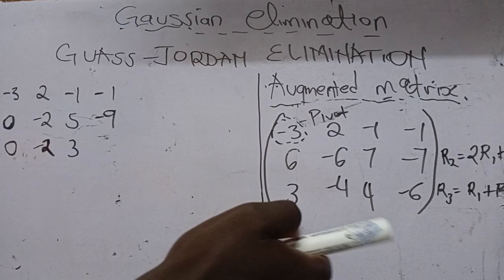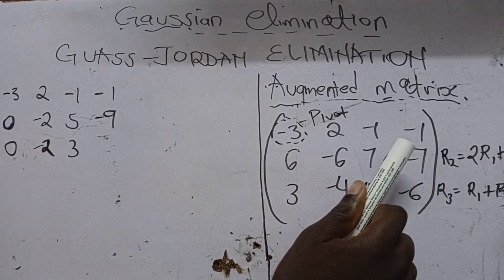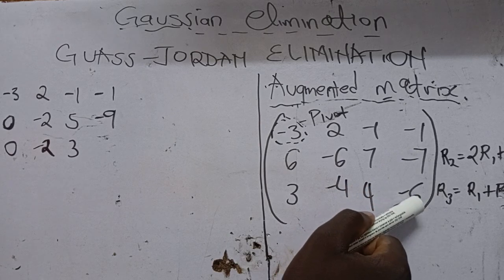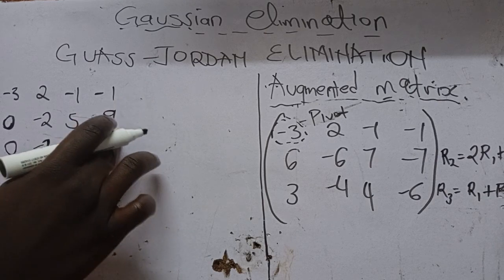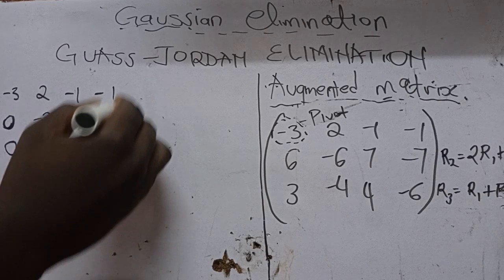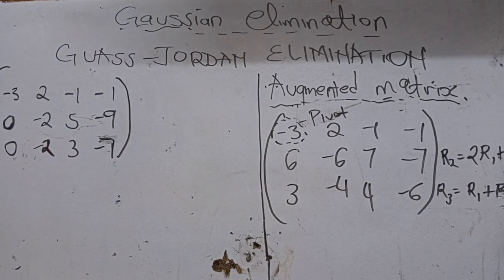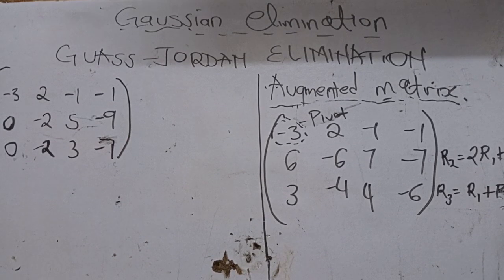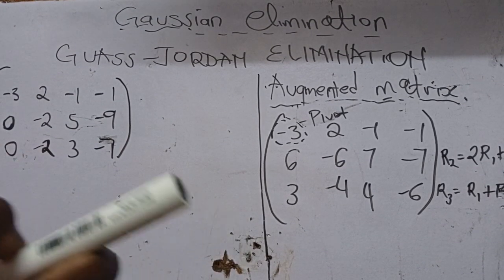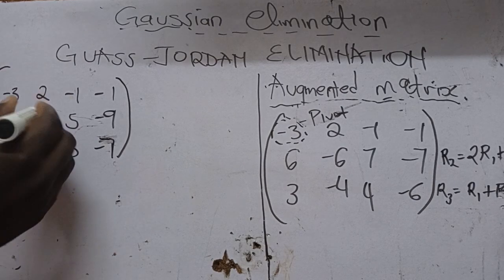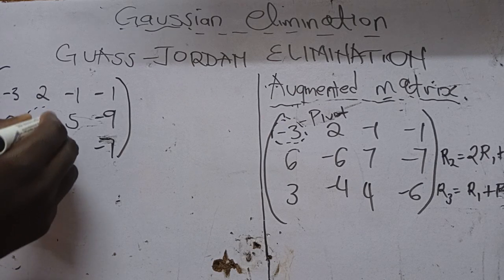Then after substituting, R1 negative 1 plus negative 6 is negative 7. After getting that negative 7, we want to put these two in row 2 to be the pivot.